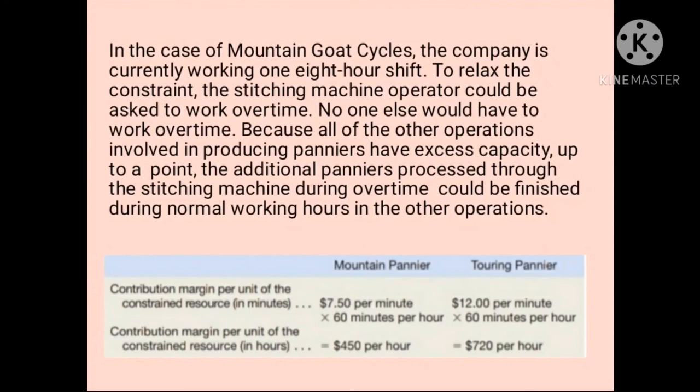The losses on an hourly basis are between $450 and $720. In contrast, there is no such loss of contribution margin if time is lost on a machine that is not a bottleneck. Such machines have excess capacity anyway.